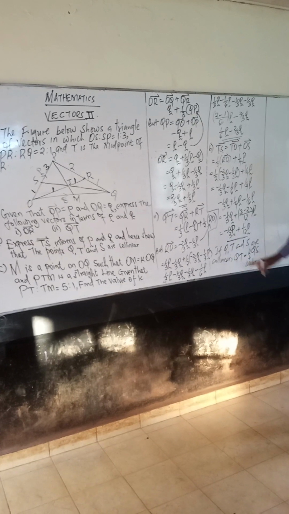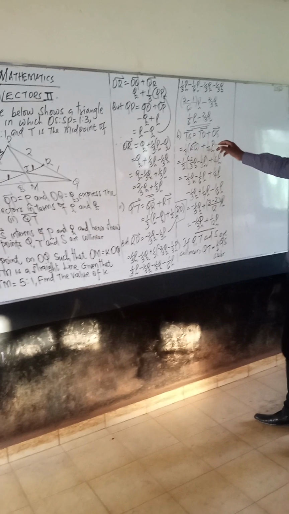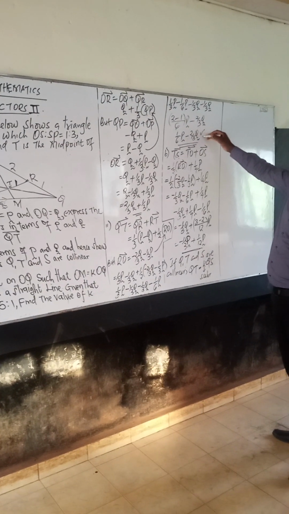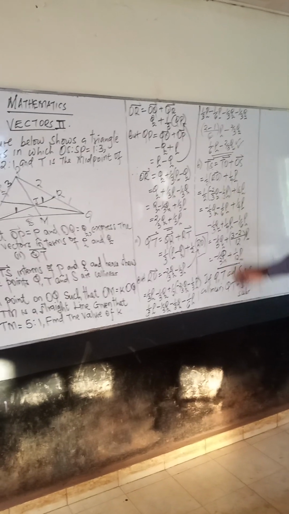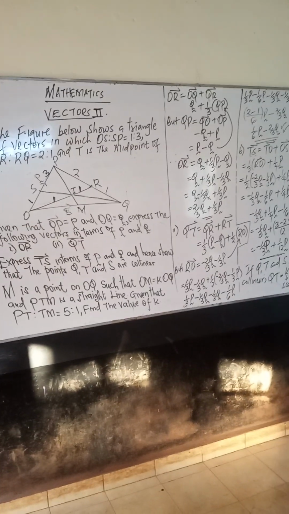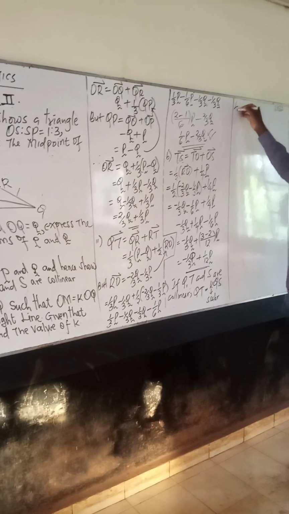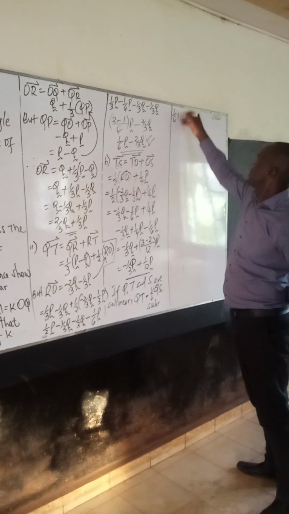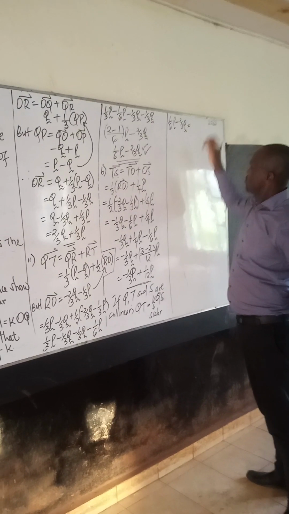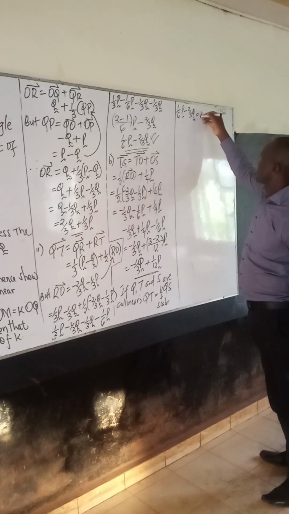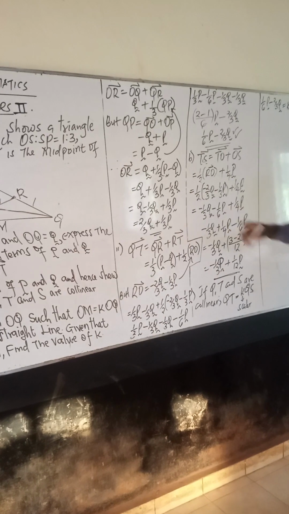We must have found QT somewhere. QT, we calculated it and got this one here. QS, have we found QS? We haven't, but it is easy to find. QT is 1/6 of P minus 2/3 of Q. Can we express this as a scalar multiple K times QS? What is QS?